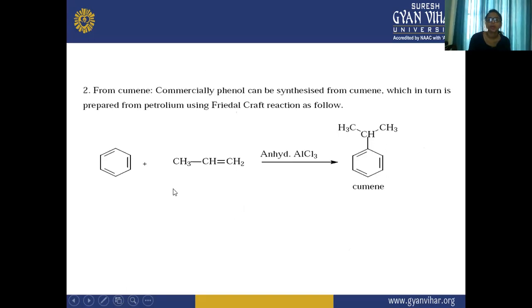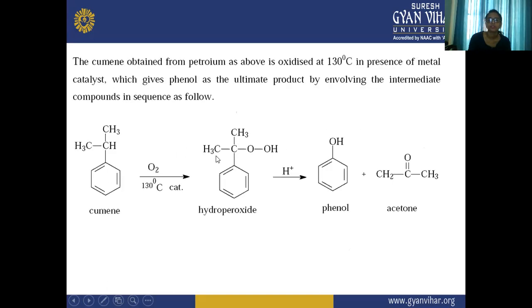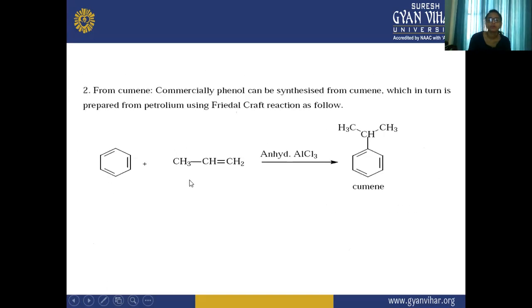So from cumene, the phenol is obtained. Commercially, phenols can be synthesized from cumene, which in turn is prepared from petroleum using the Friedel-Crafts reaction. So here, benzene: firstly we have to obtain the cumene. Benzene reacts with propene in the presence of anhydrous AlCl3, which acts as a catalyst.